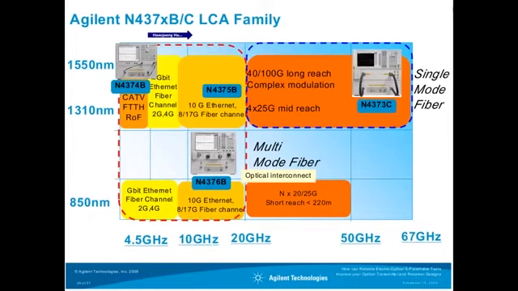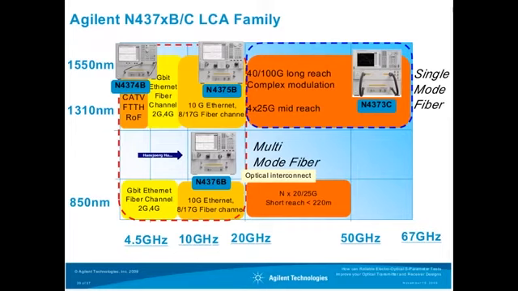The gigabit Ethernet class is mainly addressed by the 26.5 gig PNA-X series network analyzers, and there are two options addressing either the single mode transceivers or the multi-mode transceivers at 850 nanometers.